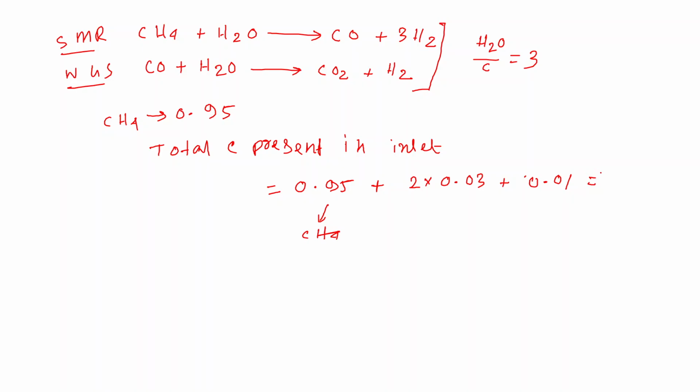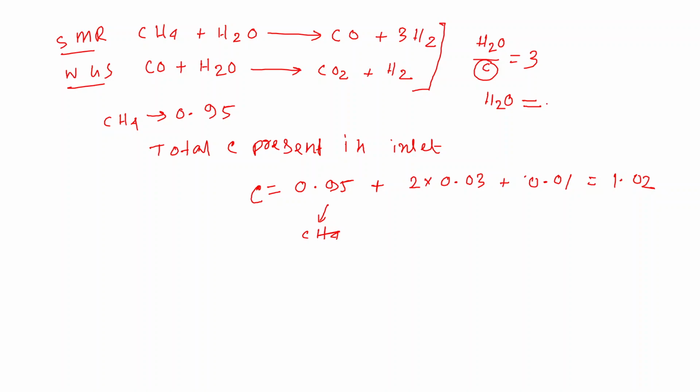What is the total value that will be coming? 1.02. This is the carbon present in the inlet gas before reactions. We know the C value. What will be the H2O value?